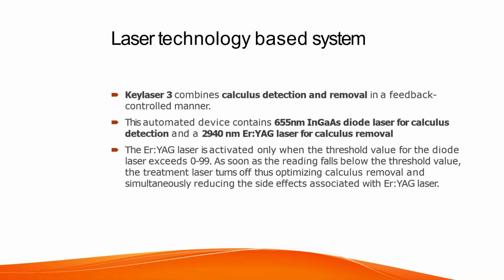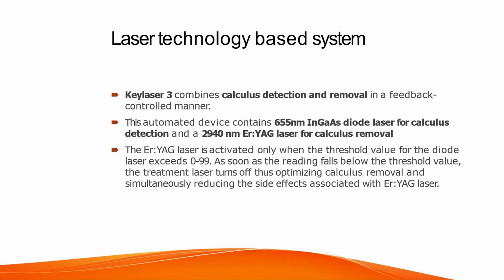Then you also have laser technology, which is being used in periodontal therapies at a larger scale nowadays. And you have the KEY Laser, which combines calculus detection as well as calculus removal in a feedback controlled manner. This KEY Laser contains a 655 nanometers indium gallium arsenide diode laser for calculus detection, along with a 2940 nanometers erbium YAG laser for calculus removal.